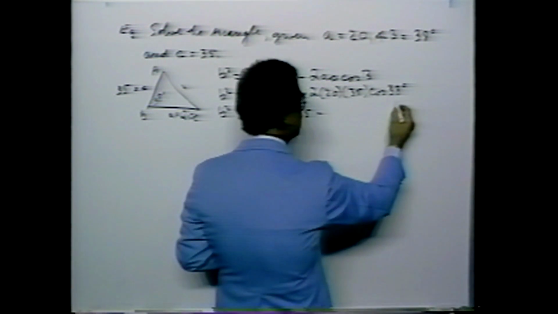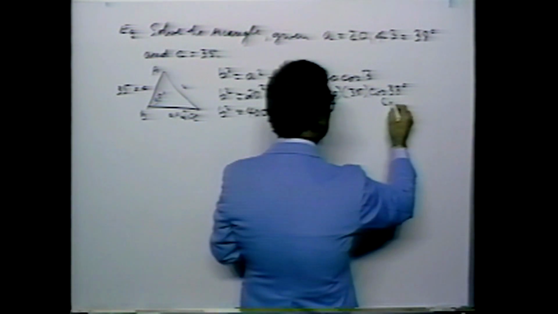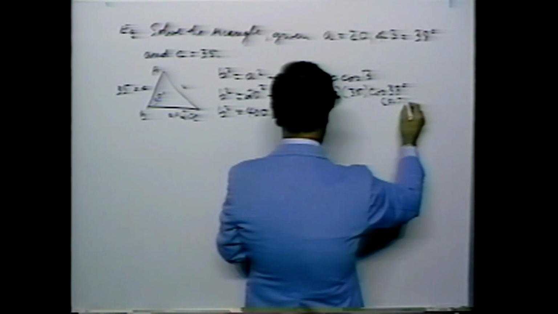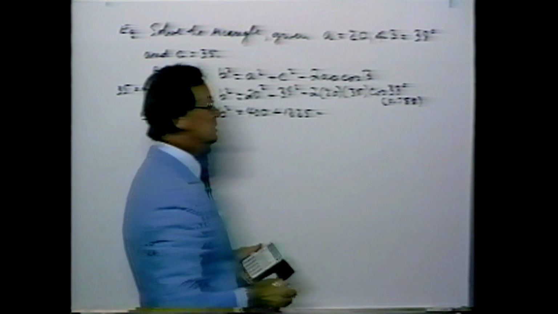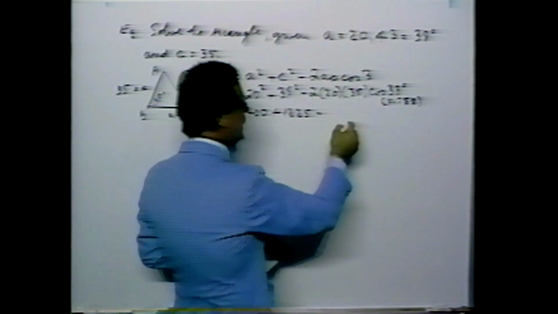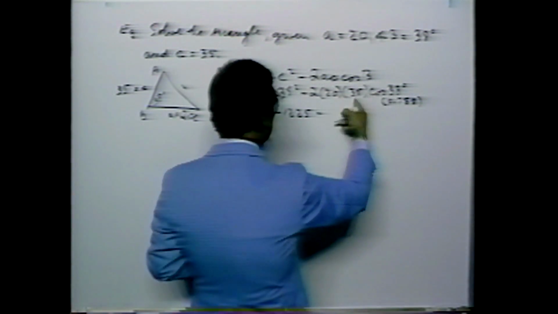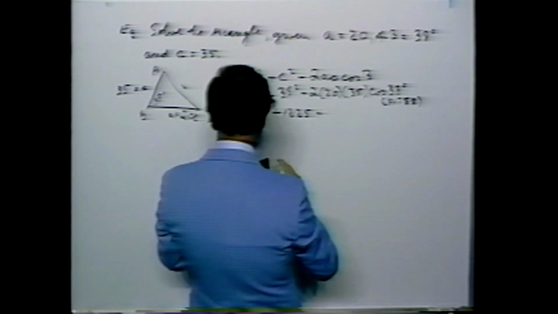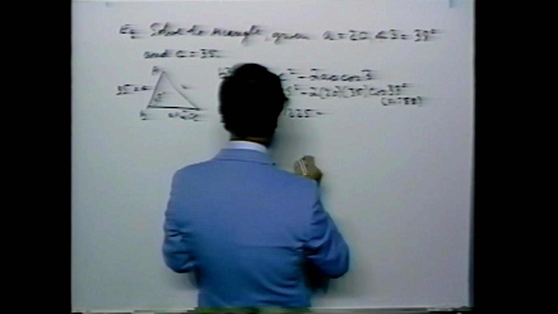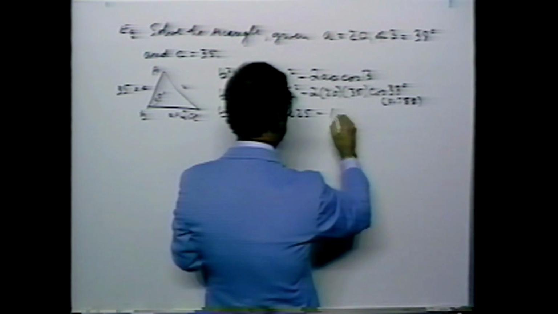So this is equal to 0.788 approximately. I'll write it like that to remind me of what it is, and save writing an extra line. Multiplying then its approximate value by 35, by 20, and by 2 amounts to 1103.22 approximately.